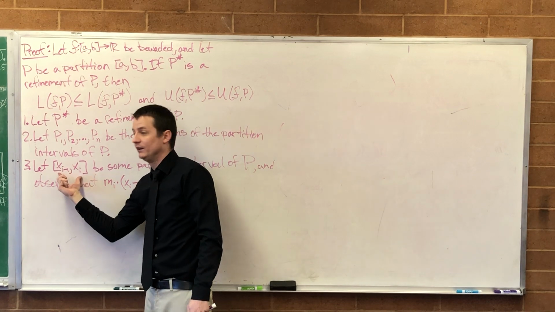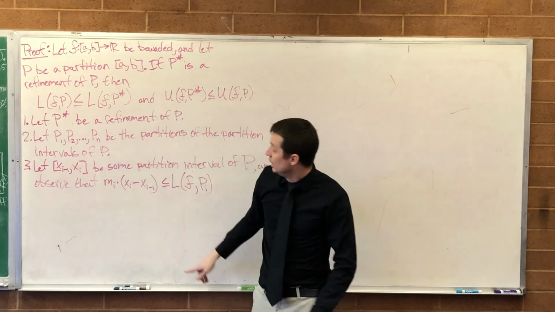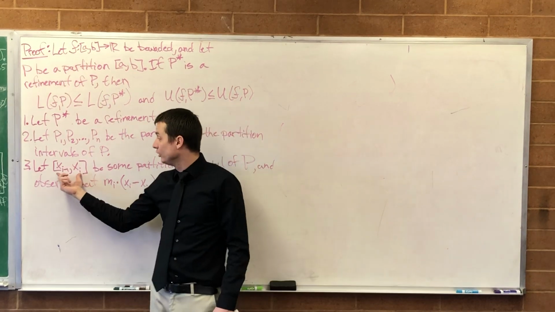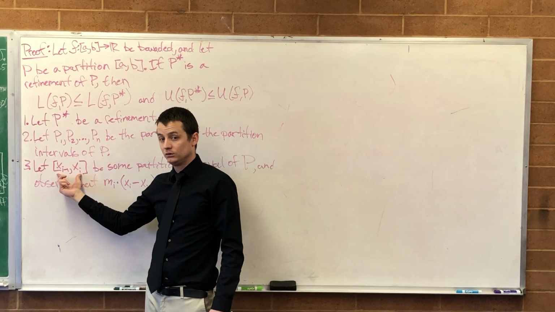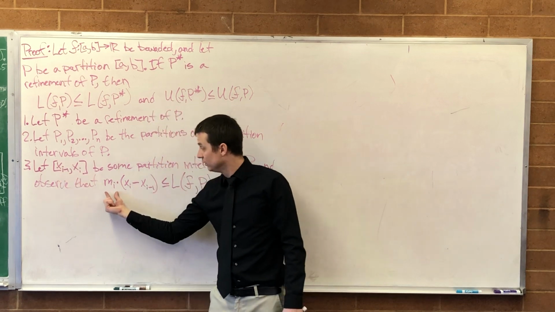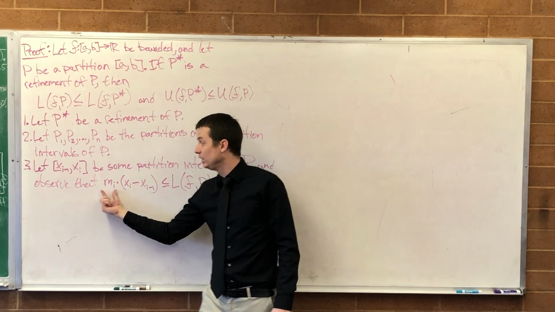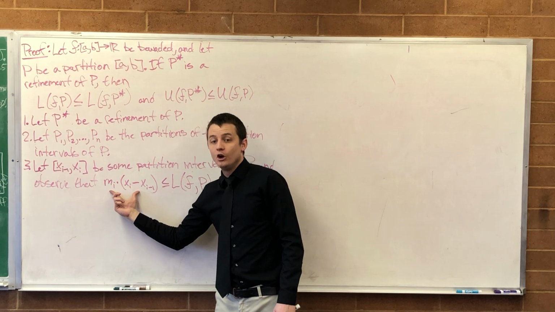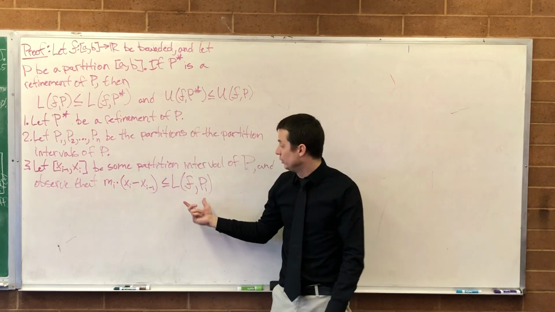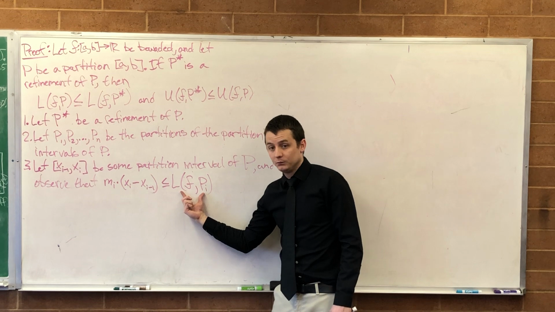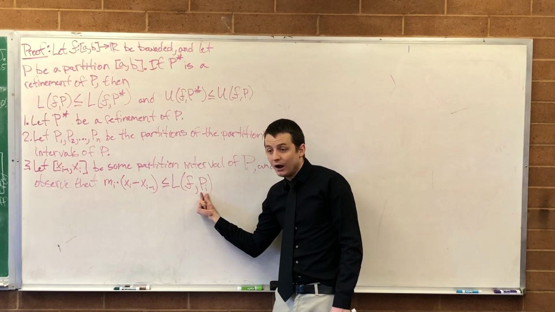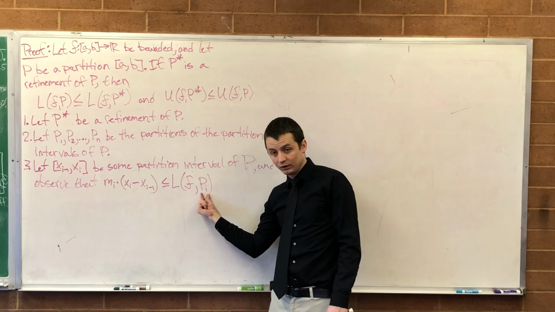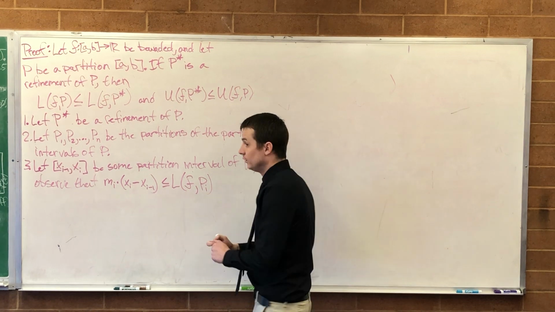And P sub i is how it divided up that interval. So then this is the area on that lower interval, right? The minimum height it achieves on that interval times the width of that interval, which is going to be less than or equal to the lower Darboux sum when we use the partition induced by P star.